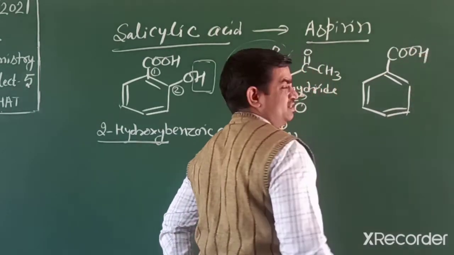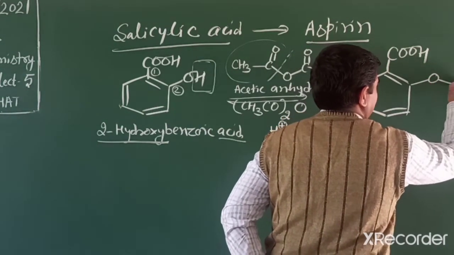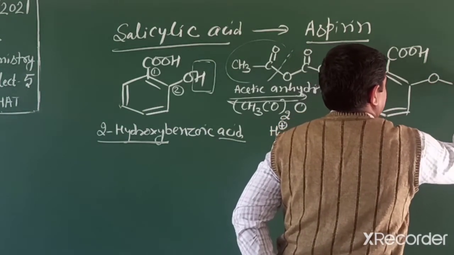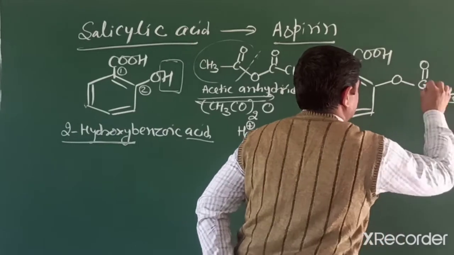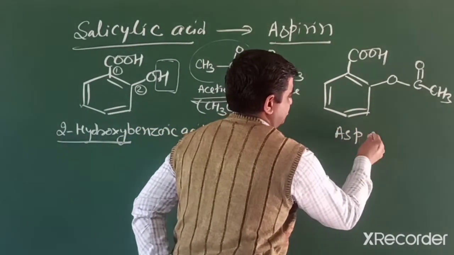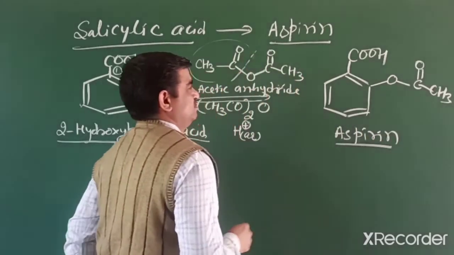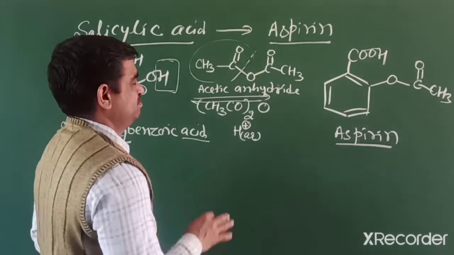So the product, we can write, has a carboxylic acid and this group. This one is aspirin, a medicine. So what is its IUPAC name?